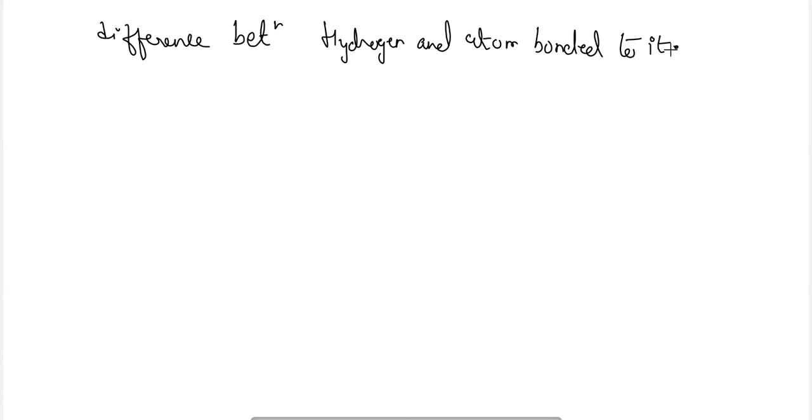The properties of the covalent hydride depend on the electronegativity difference between the hydrogen and the atoms bonded to it.